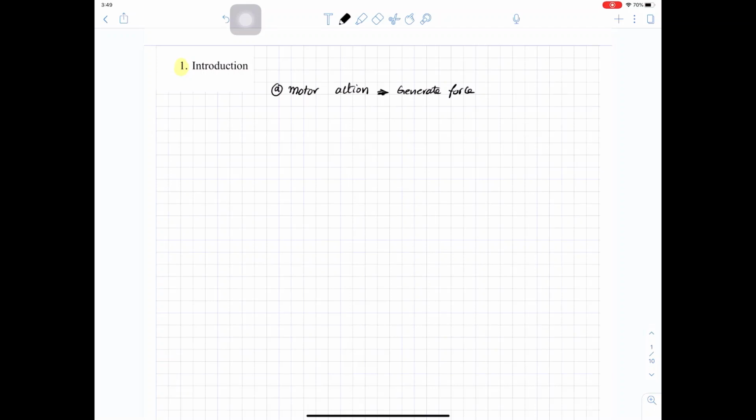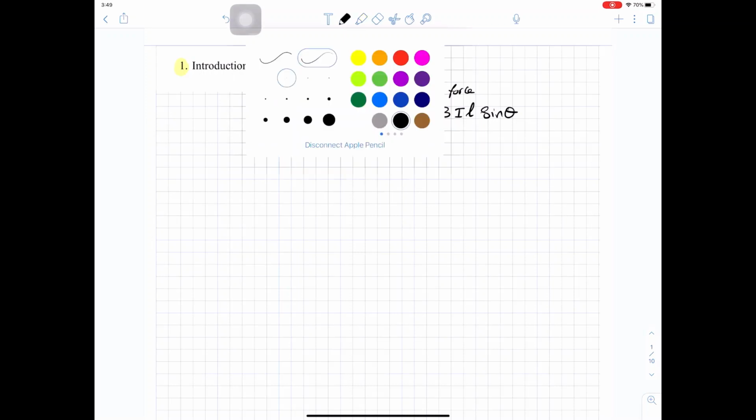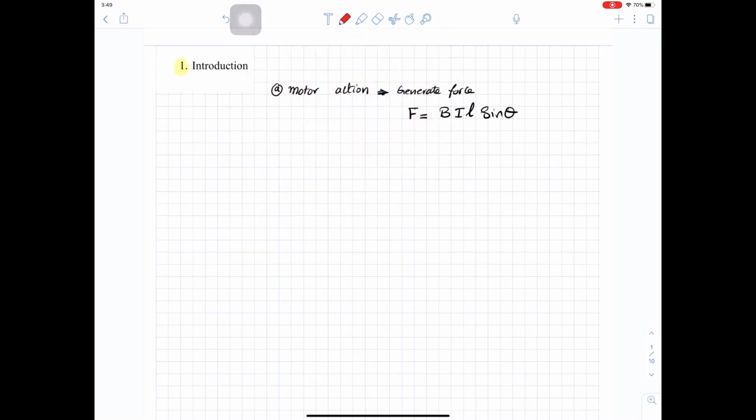So the equation for forces that we learned is that the force equals BIL sine theta, and theta is the angle between B and I. This equation relates the force to the components, and as we can see, there are three basic components. So we need flux density, we need a current, and we need a length for the wire.